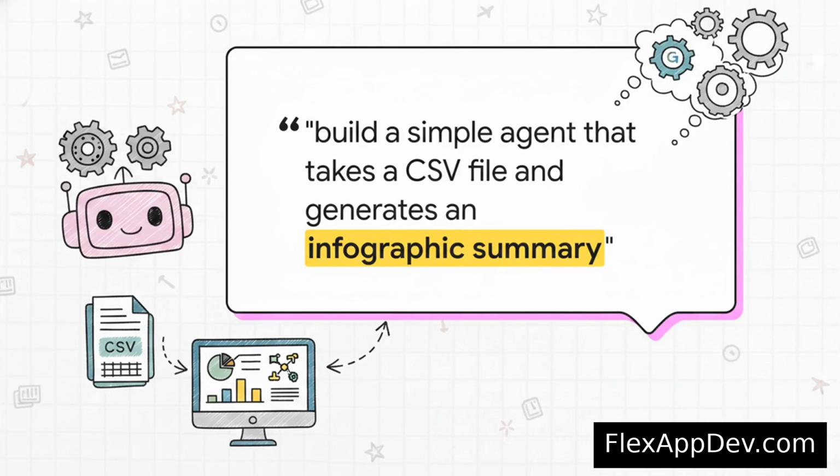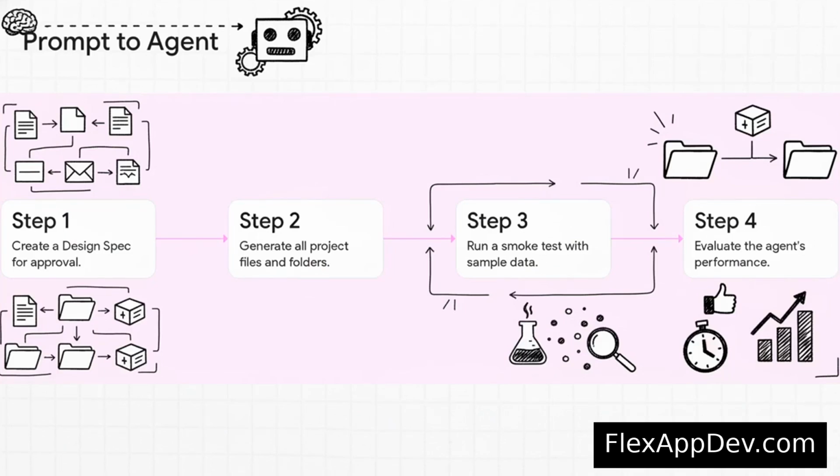In a demo, a coding agent with Agent CLI installed was given one single prompt in plain English. It was just build a simple agent that takes a CSV file and generates an infographic summary. And what happened next was incredible, and it was all automatic. First, the AI created a design plan for approval. Once it got the thumbs up, it generated all the project files.